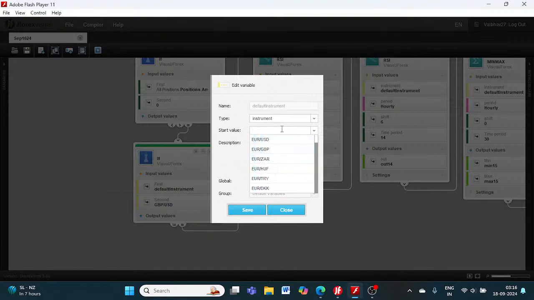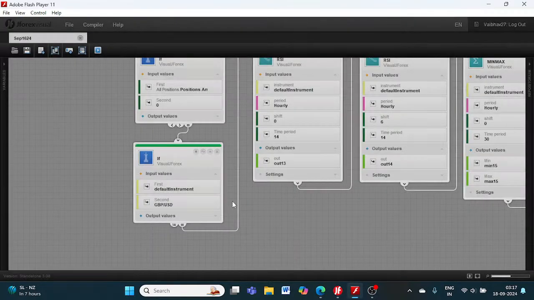We are working with the GBP this time around, so GBP and USD. Here it comes, GBP/USD. All right.